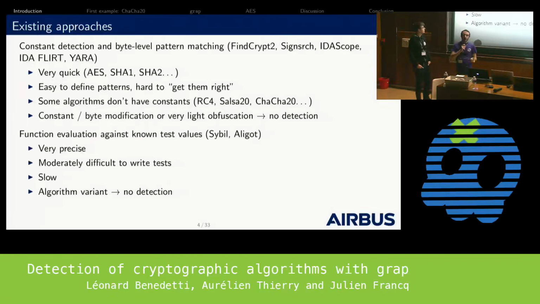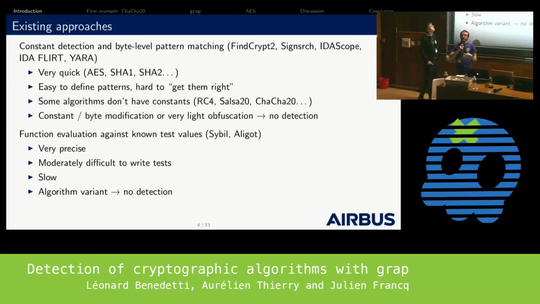On the other hand, we have more high-level approaches that work with function evaluation, such as Sibyl or Aligot. These systems are very precise. They work by having, on the one hand, a function from an unknown binary to identify, and on the other hand, known functions that you have implemented.